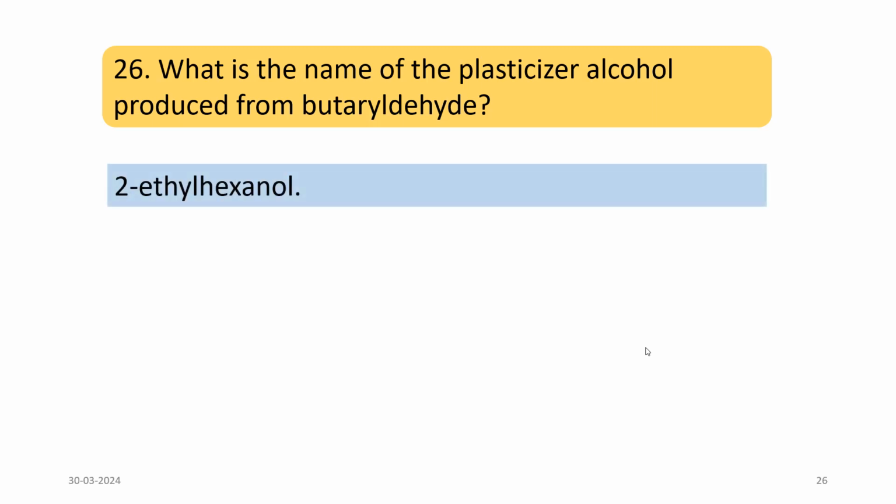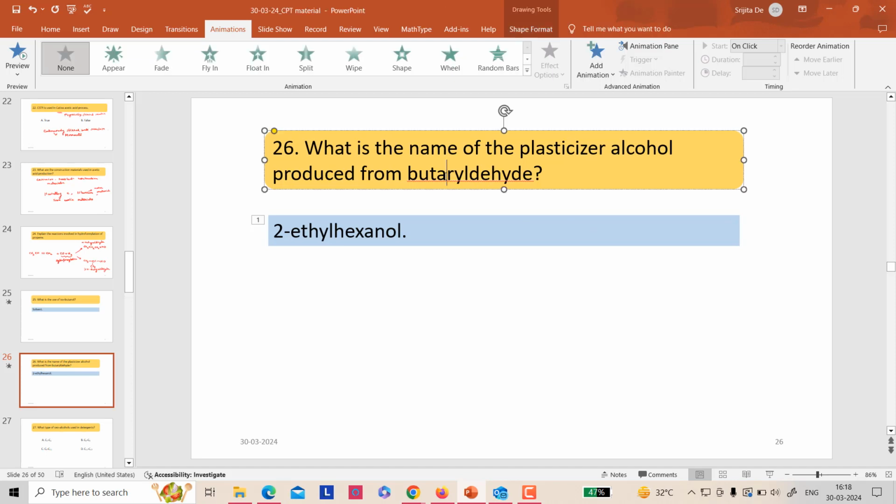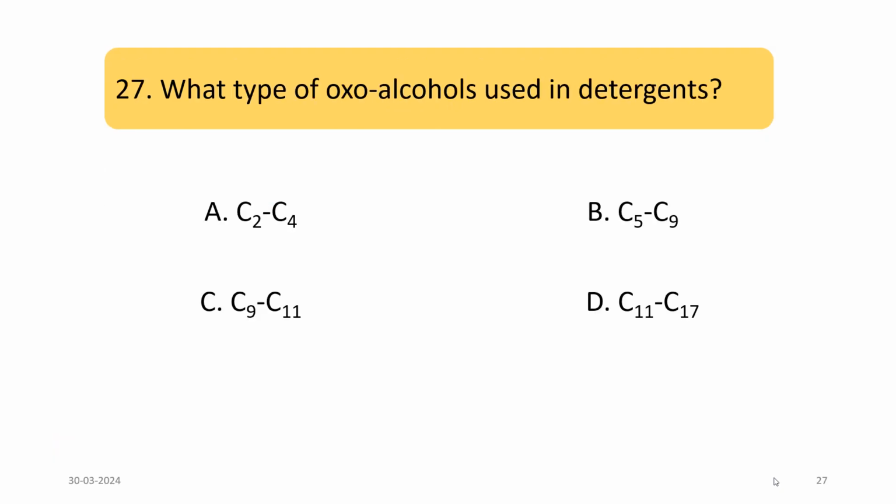The answer is 2-ethyl hexanol. Next, what type of oxo alcohols used in detergents?